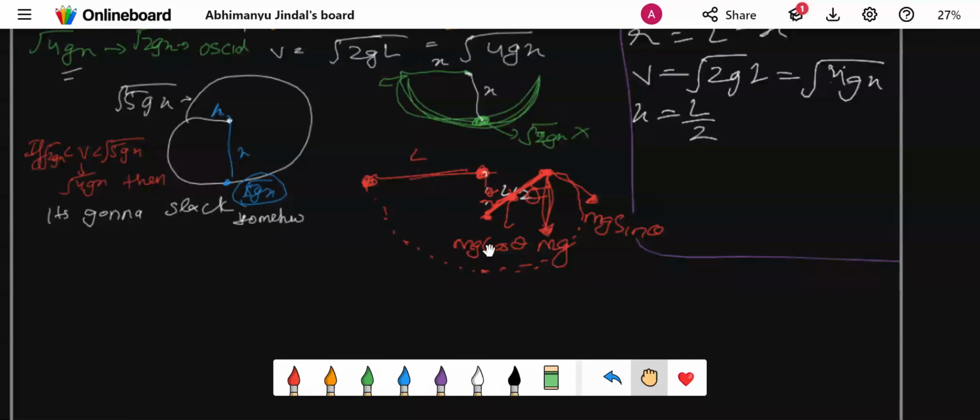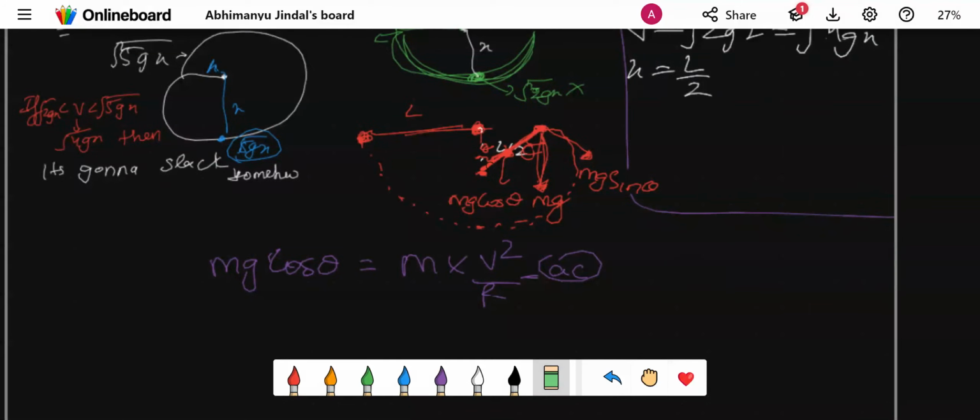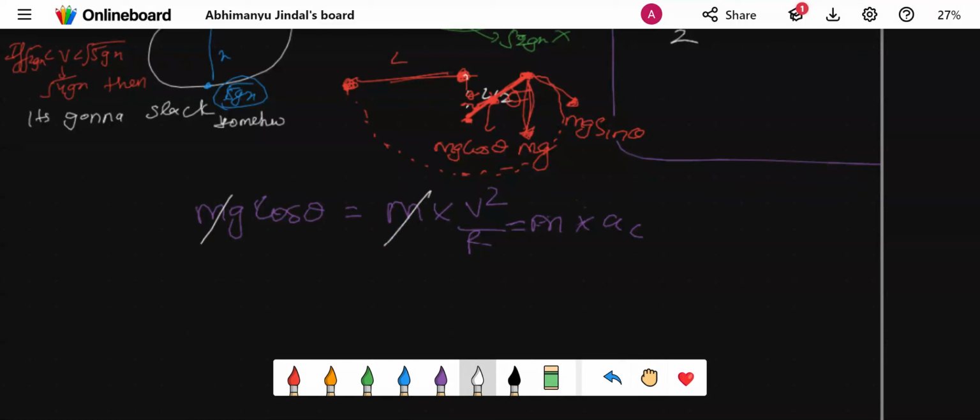Now, because mg cos theta is towards the center, which is my net force, also known as centripetal force, I can say that mg cos theta is mass into v square by r, which is mass into centripetal acceleration. Now the mass is gone. So I can say velocity equals root of r g cos theta. Now what is r?